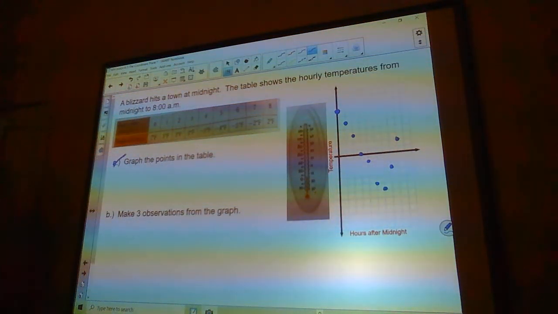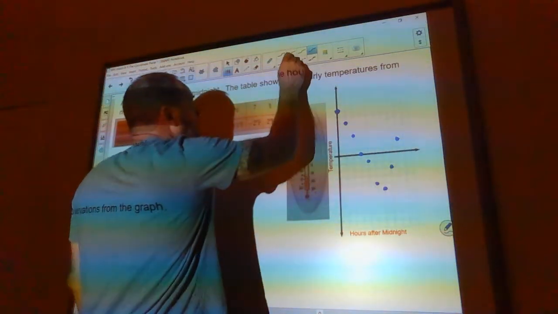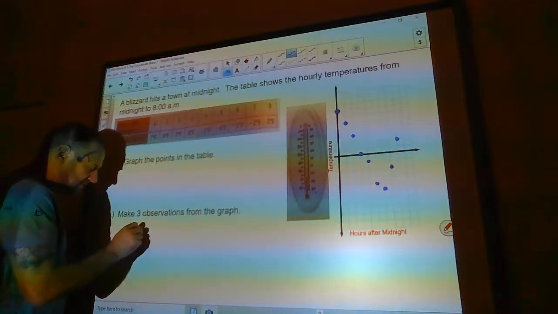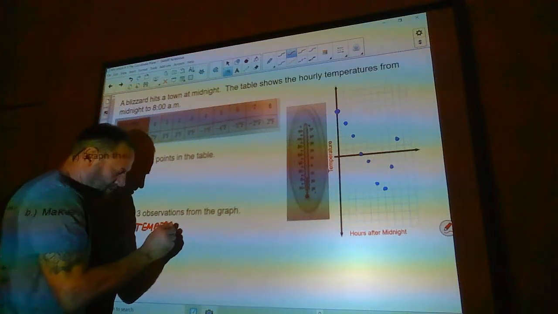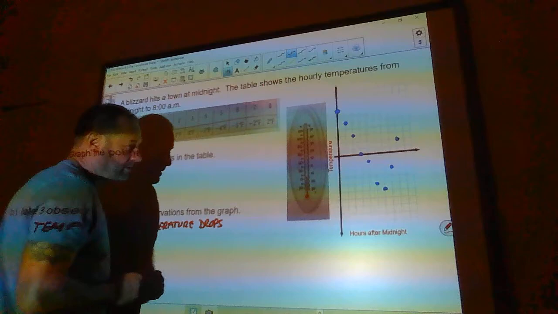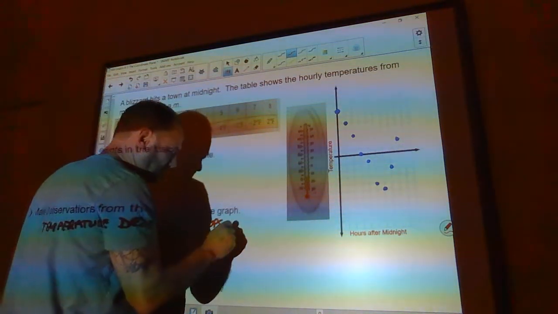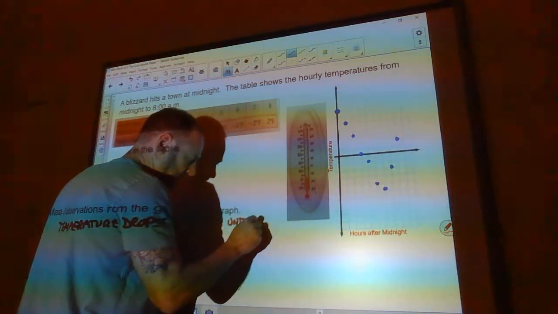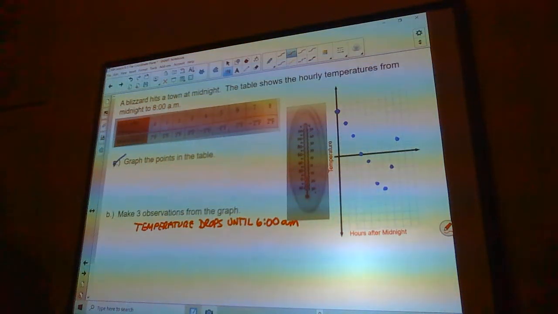That's done. Okay, make 3 observations. So there's lots of different things you can get from this. The temperature drops. So we could say the first one is the temperature drops until what? 6 hours after midnight, so until 6 a.m. Then it starts to go back up again.